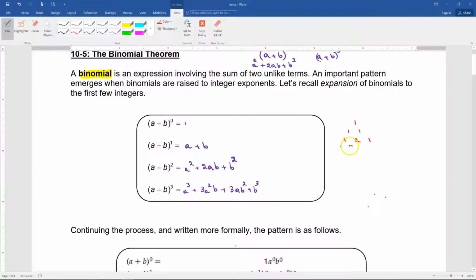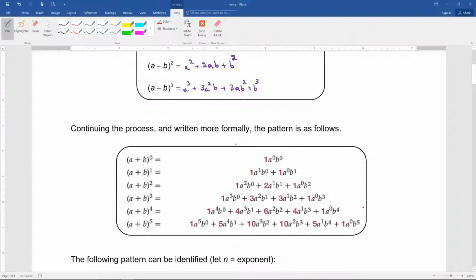What are the coefficients here? 1, 3, 3, 1. Well, it turns out this is a pattern. Okay? Well, what is the pattern? Here's the pattern. If you write it more formally, this is what it looks like. The first one is always 1, a to the 0, b to the 0. The second one is 1a, 1b, right?